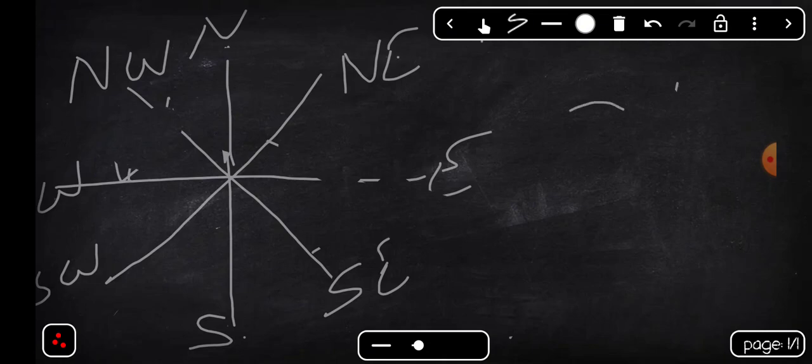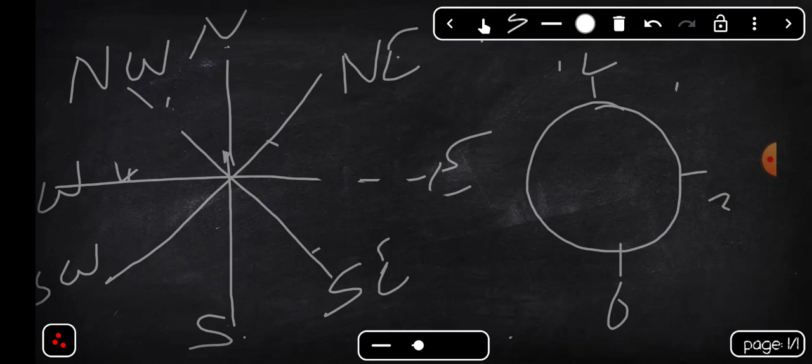This is the clock. It is 12, it is 6, it is 3, and it is 9. Now 4:30. It is 4, it is 5. 4:30 means the hour hand will be between 4 and 5.